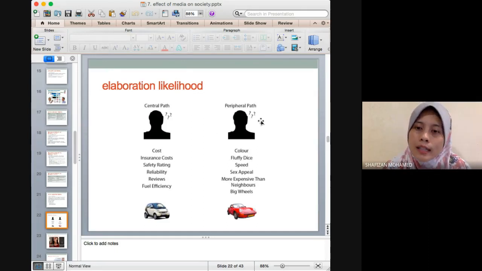On the other hand, some marketing or advertising campaigns use the peripheral path. That means instead of focusing on the cognitive or the realities of a campaign, they focus on the appeal, the emotions, and the attractiveness of a particular thing.